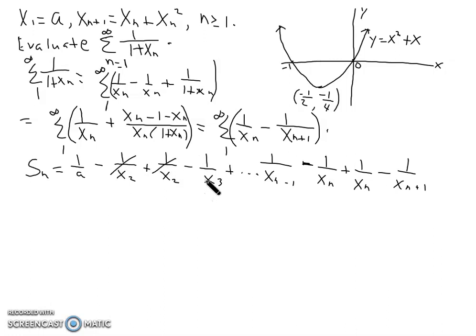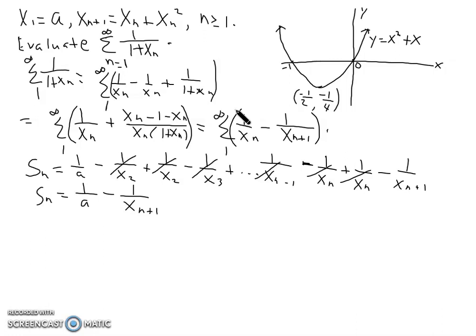Those cancel. See, the negative 1 over x3 would cancel with the next term if we wrote it. The 1 over x sub n minus 1 cancels with the term before it. And we can see these two canceling. Okay, so we get that s sub n is equal to 1 over a minus 1 over x sub n plus 1. Now, if you look at the sequence of s sub n's, since x sub n plus 1 is bigger than x sub n, that means 1 over x sub n plus 1 is smaller than 1 over x sub n.